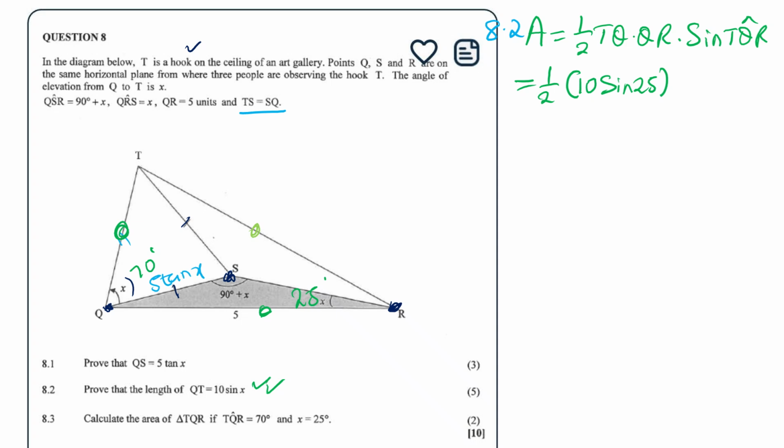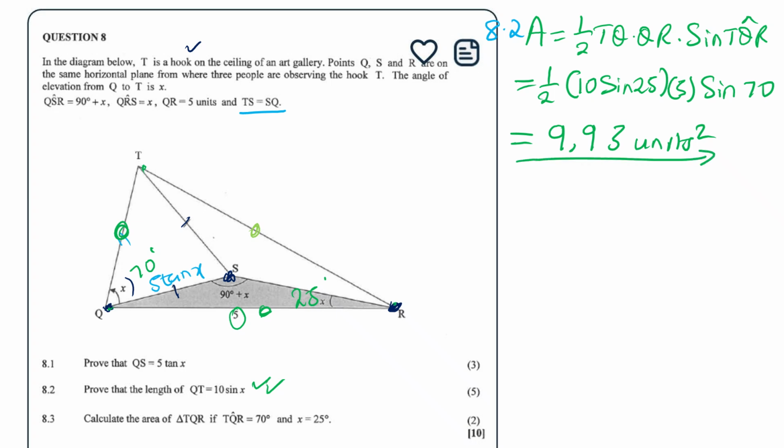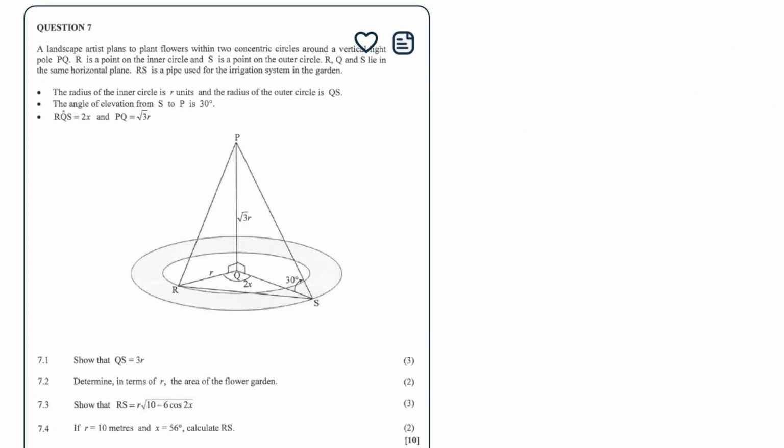We close our brackets, and QR we are given as 5. And TQR is 70, so we'll say sine 70 degrees. If you punch that on a calculator, you will get your answer as 9.93 units squared. Remember, it is an area. Let's go to the following question.